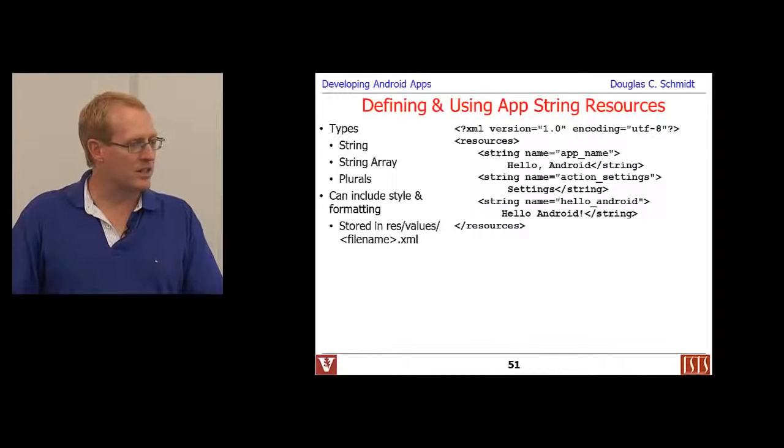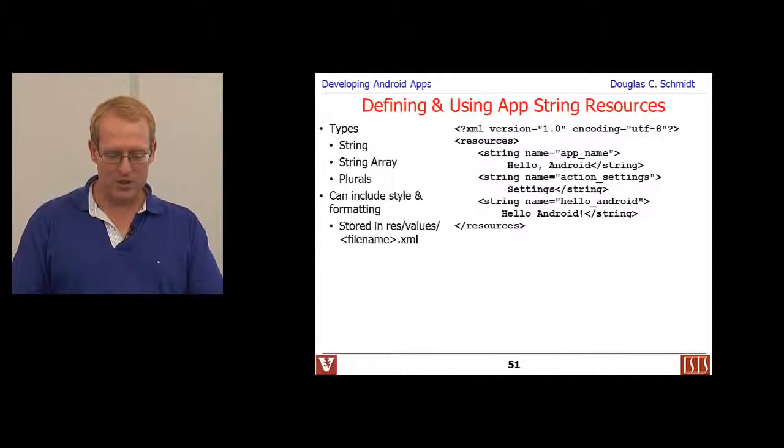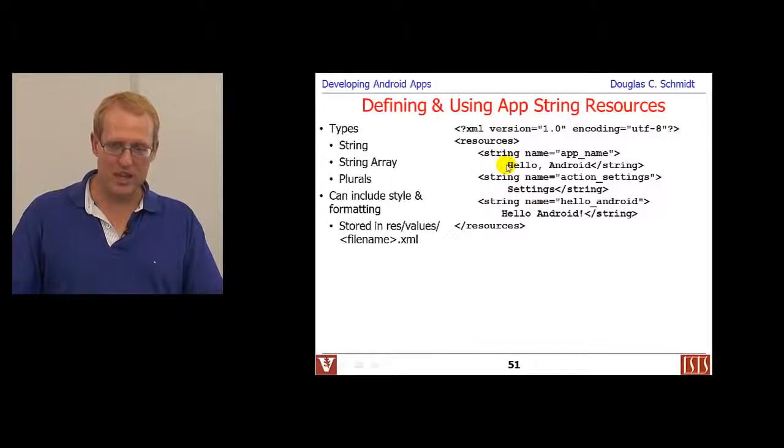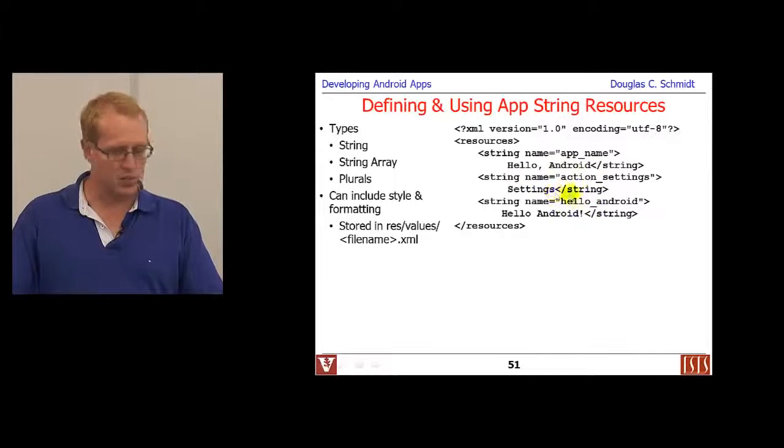Next thing we'll talk about is getting access to the string resources. Now again, I didn't really mandate this as a requirement. Maybe I did. I think it might actually be mandated as a requirement for the programming assignment. But regardless, it's not hard to do. First thing you have to understand is there's a bunch of different kinds of strings you can have. You can have a string, you can have an array of strings, some other things as well.